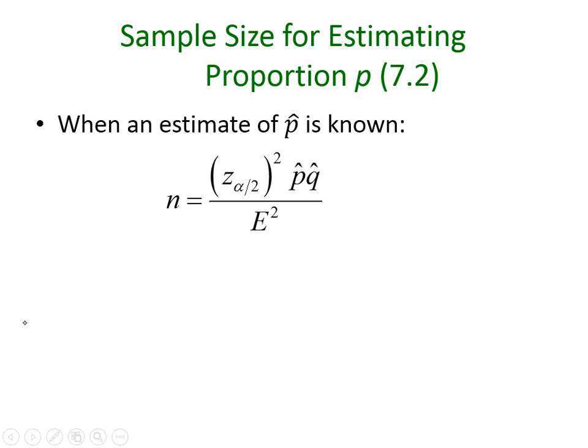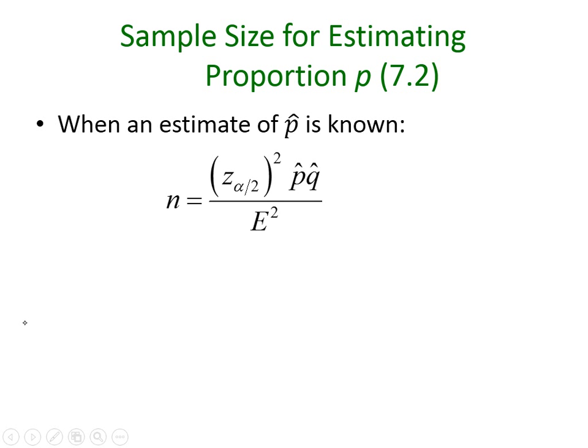P hat and q hat, if they are known, we'll put those in there. So if I already have done, for example, when you get close to elections, they will almost every single week say, okay, so for the presidential campaign today, 54% of the people were supporting Obama.